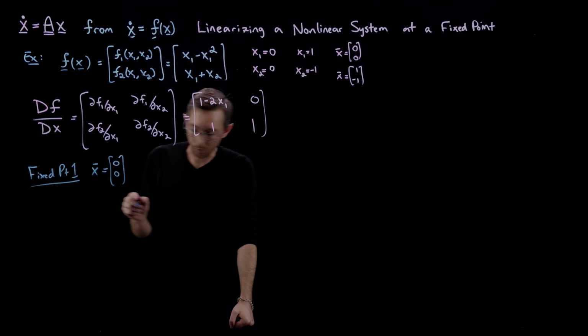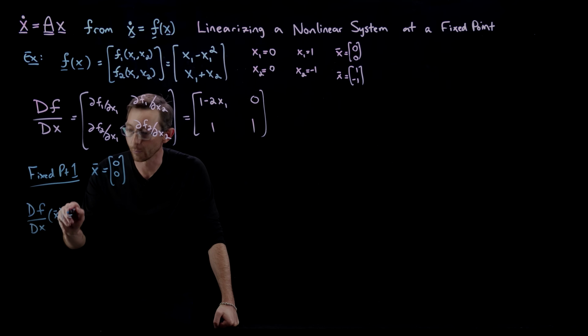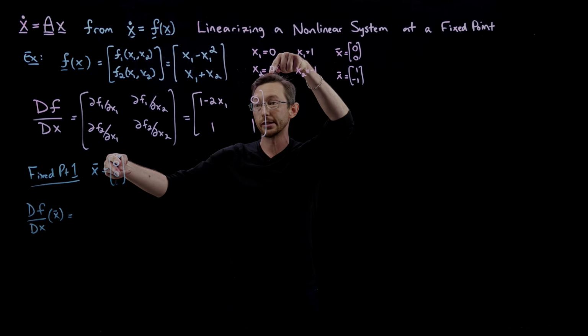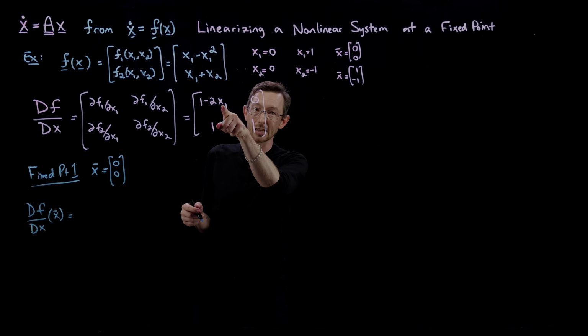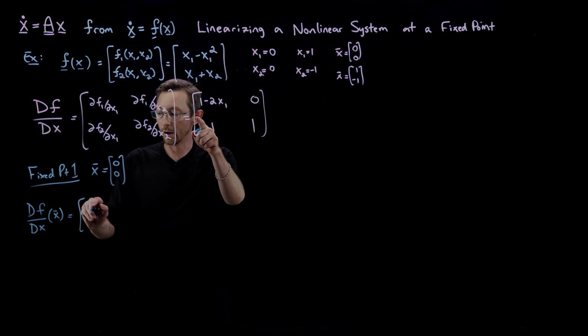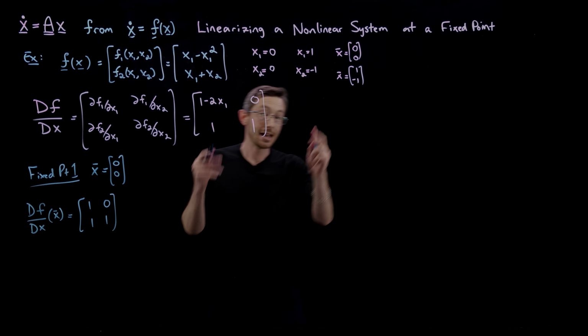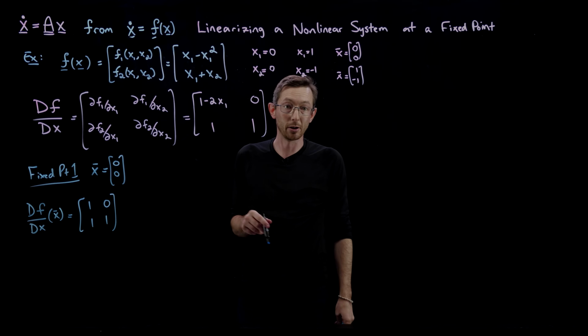And so here what we have is df/dx evaluated at x bar. We literally take x1 equals 0, x2 equals 0, and we plug it in here. Anytime I see an x1 or an x2, they're equal to 0. So this matrix becomes 1, 0, 1, 1. That is the A matrix for my linearization zoomed in at this 0, 0 point.